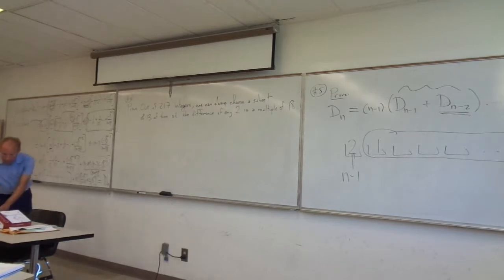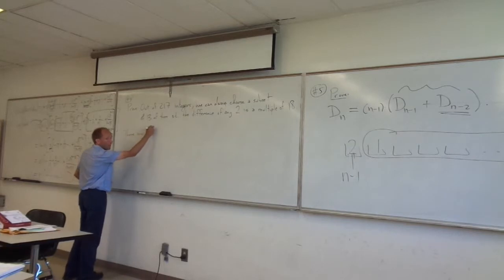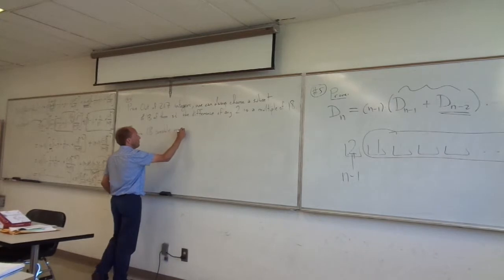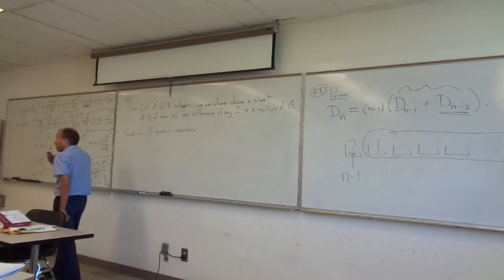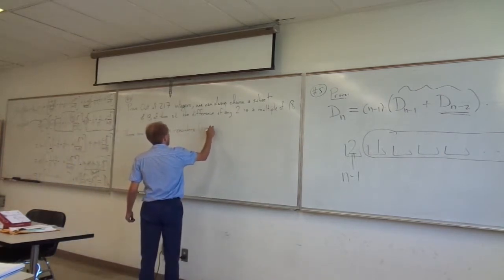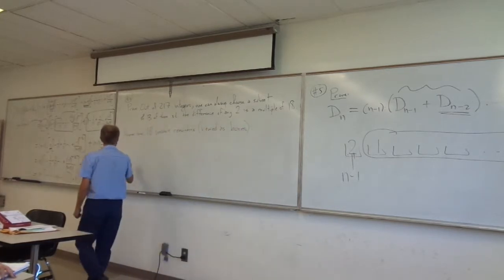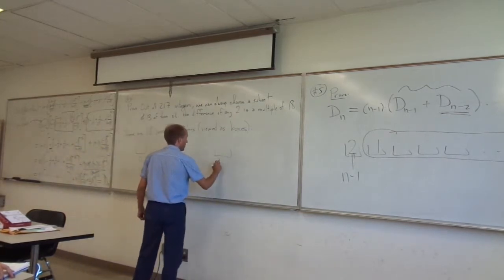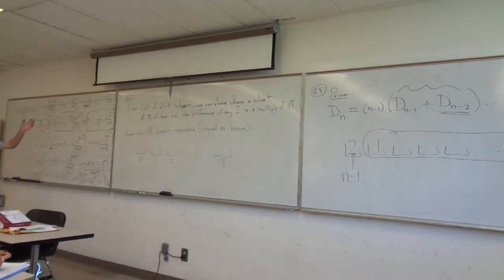There are 18 possible remainders, and we can make those possible remainders into the pigeonholes, the boxes. So we would have a 0 box, a 1 box, a 2 box, all the way up to a 17 box.